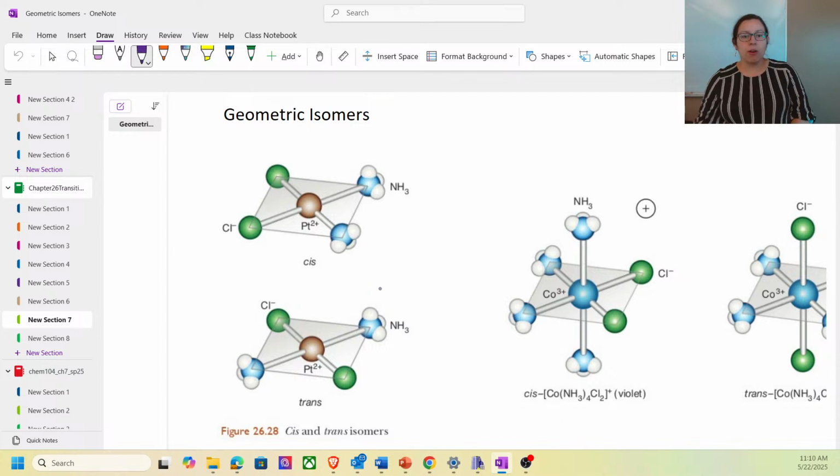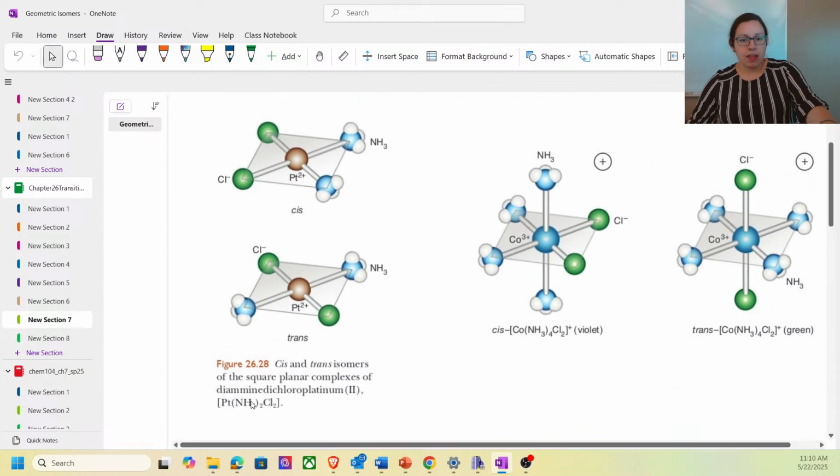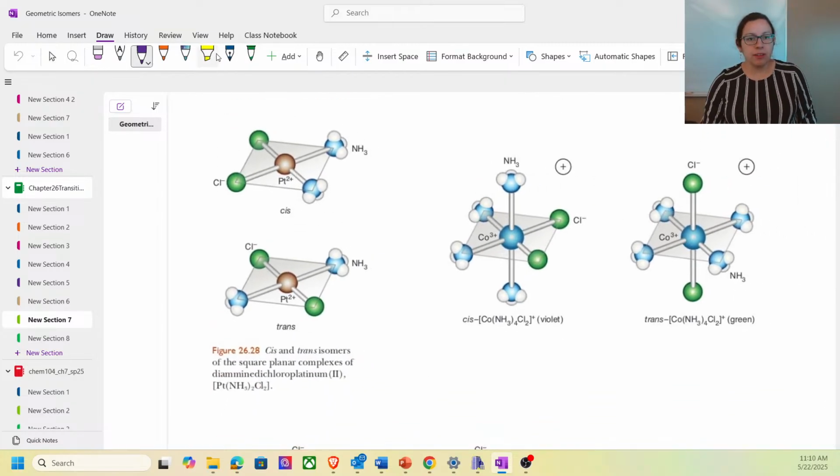With our structures, now we're looking at these two examples here. The significance is that it has a square planar geometry. Either the two groups that are the same could be next to one another, so obviously on this side or on this side, symmetric, and they would be called the cis platinum isomer.